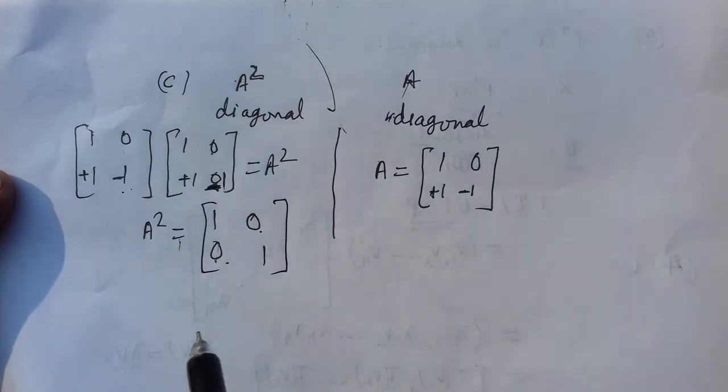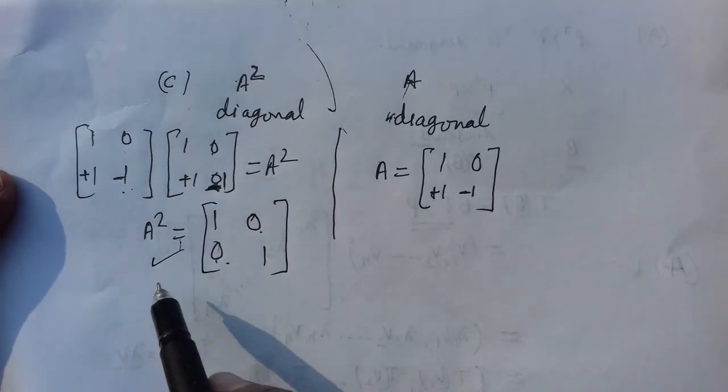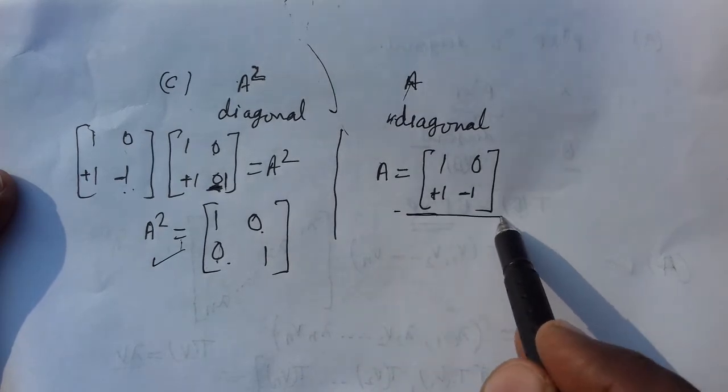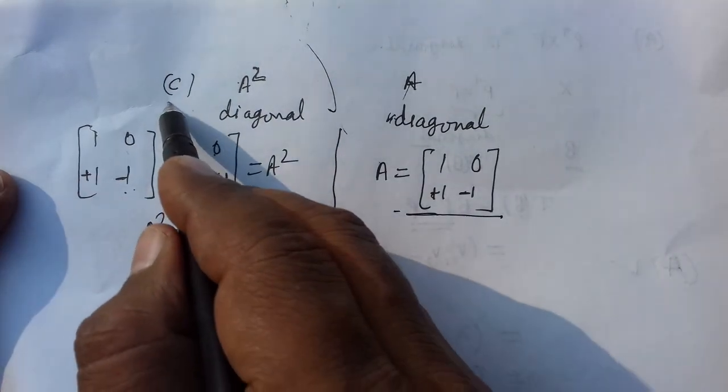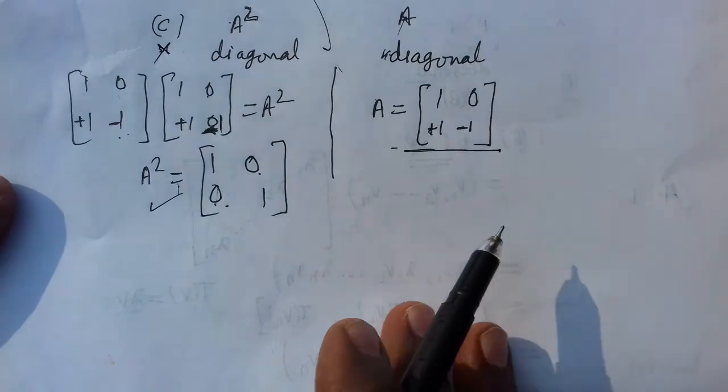So you see that A square is diagonal but A is not diagonal, so option C is incorrect.